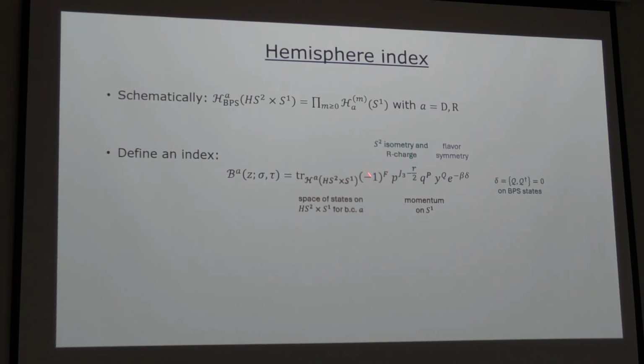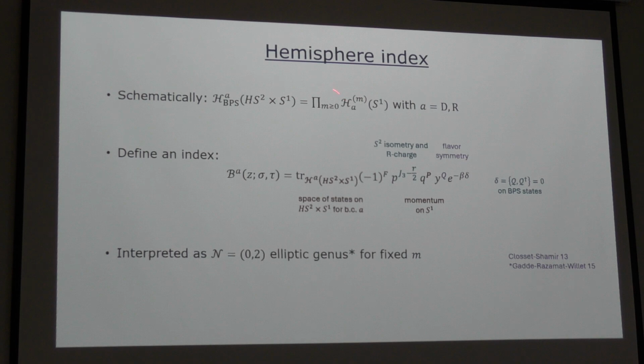Okay, so I'm weighing by the fermion number, I'm weighing by this J, the eigenvalue of this J3, which corresponds to these numbers M. And I'm also going to weigh it by the momentum of the states on the circle, and maybe some other global symmetries that it has.